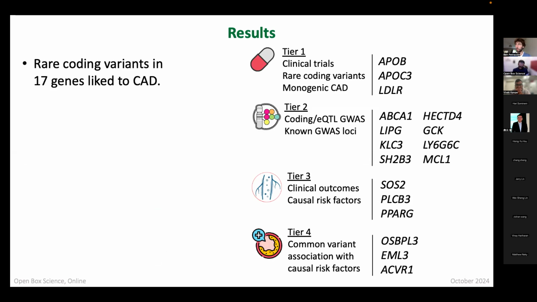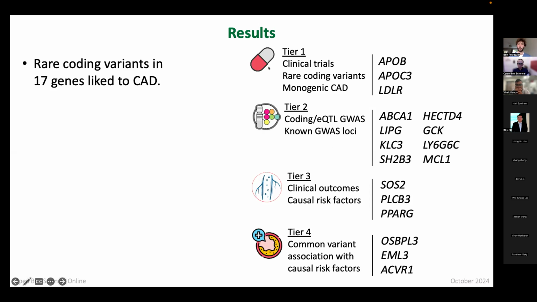Rather than trying to label which ones are novel and which ones are known, we built this tier system where we classify them based on the support for the role in CAD. And so for that, we investigated many lines of evidence from stronger support to less strong or weaker support.